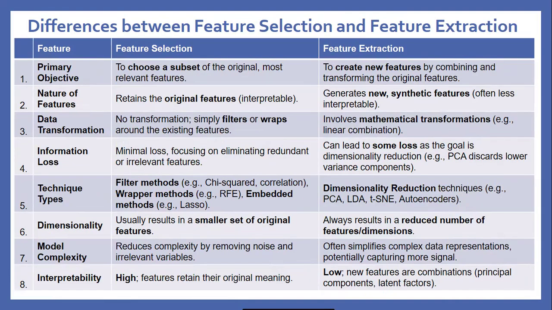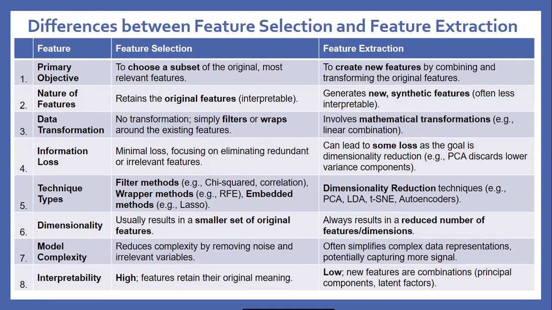Moving to the next question: difference between feature selection and feature extraction. Primary objective: feature selection chooses a subset of the original most relevant features. Feature extraction creates new features by combining and transforming the original features. Nature: feature selection retains the original features, interpretable.